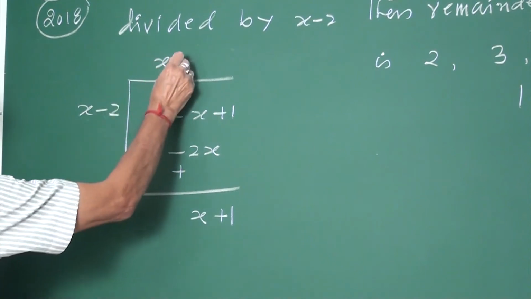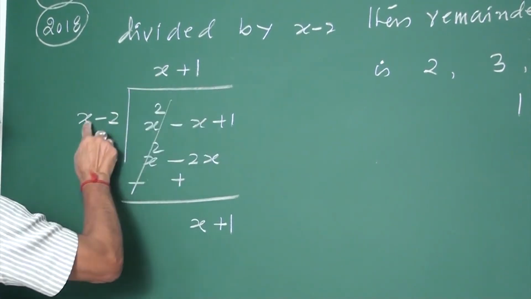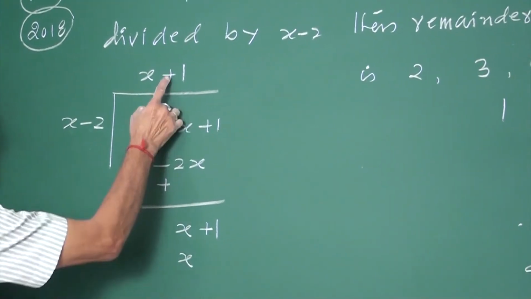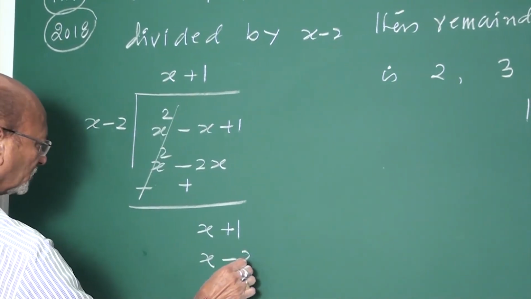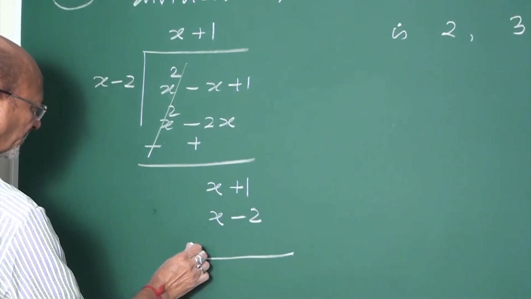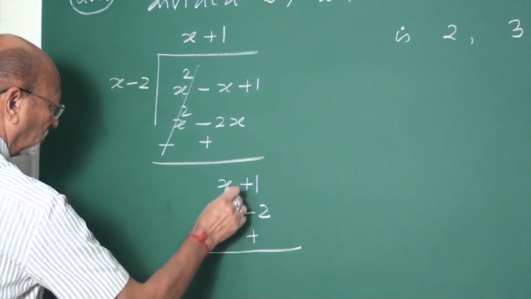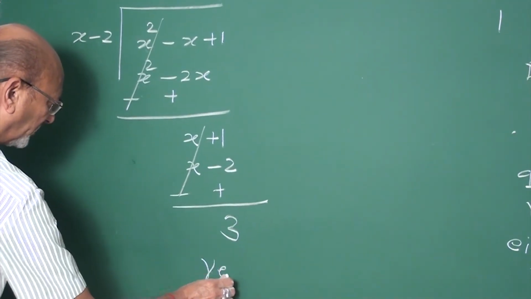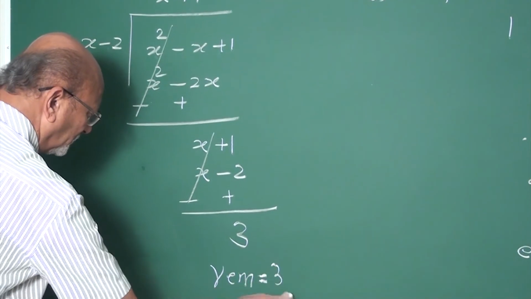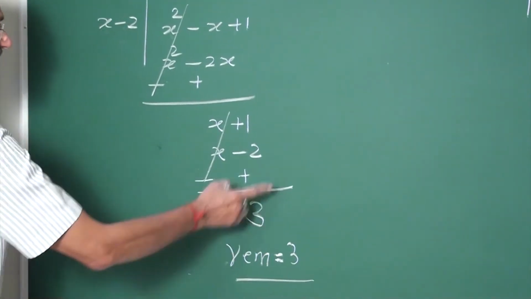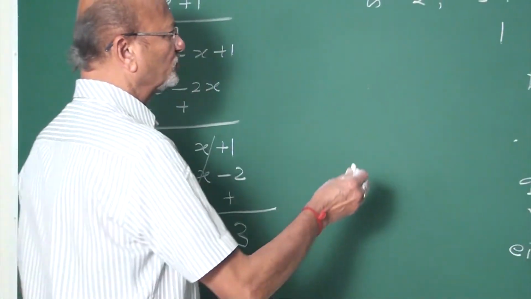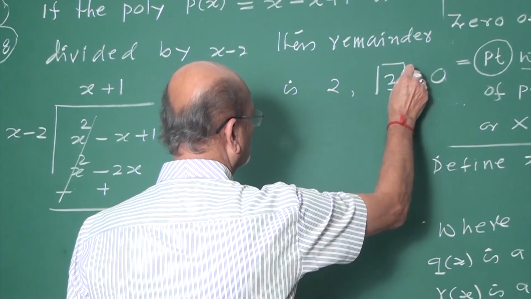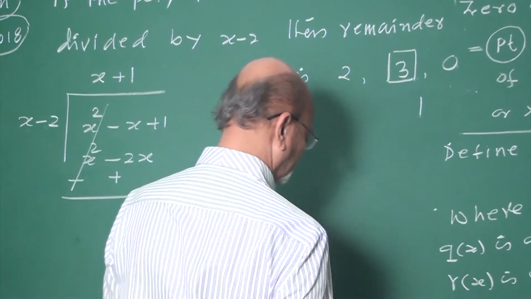X divided by x is plus 1. 1 into x, 1 into minus 2, minus 2. Again, change the sign, cancellation, plus 3. Then what is the remainder, my friend? It is 3. No need to write all these things; directly you mark it. Which option is the answer? Third option is the answer.